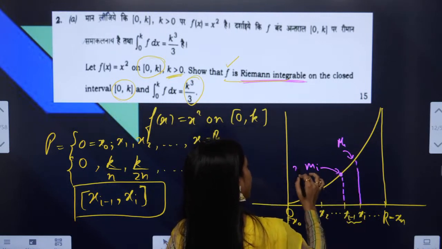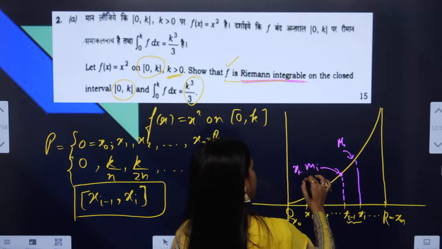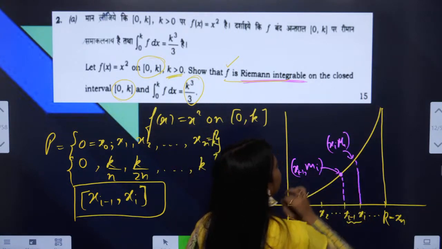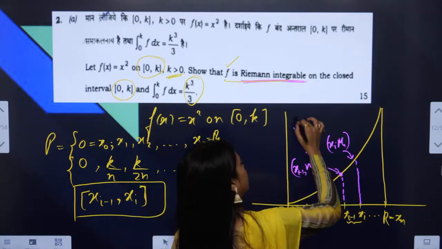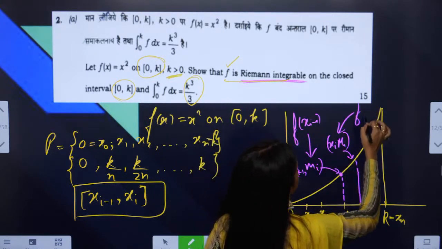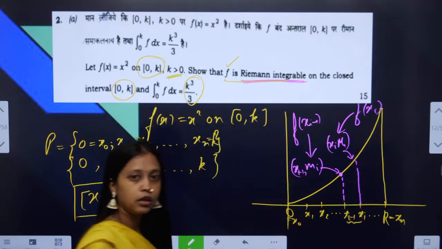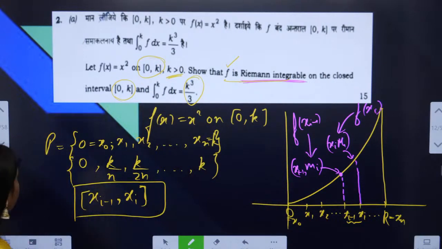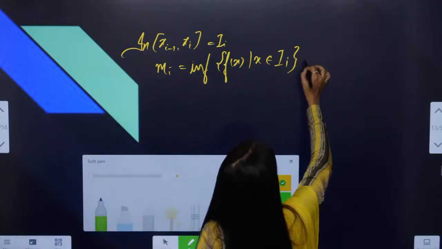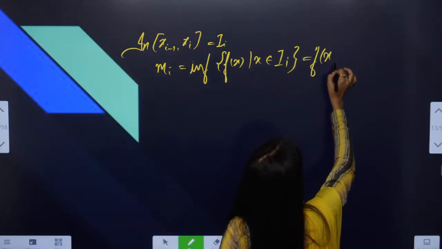This is (x_{i-1}, m_i) and (x_i, M_i). So, basically this m_i is f(x_{i-1}) and this capital M_i is f(x_i), right.